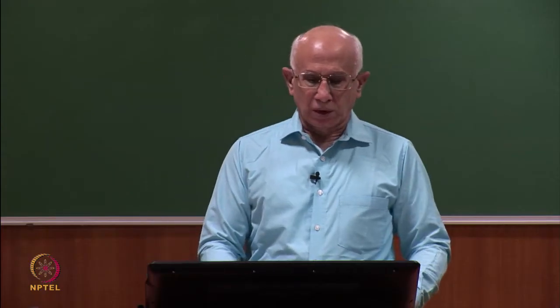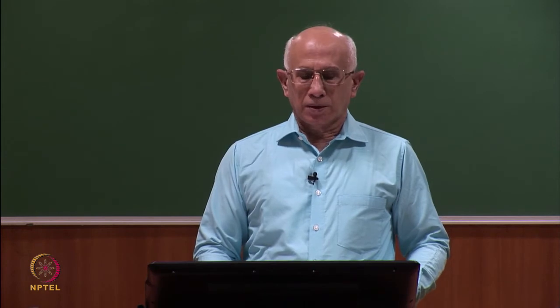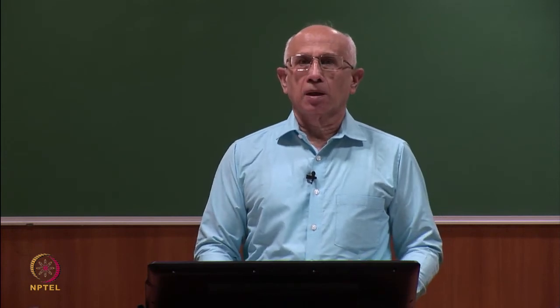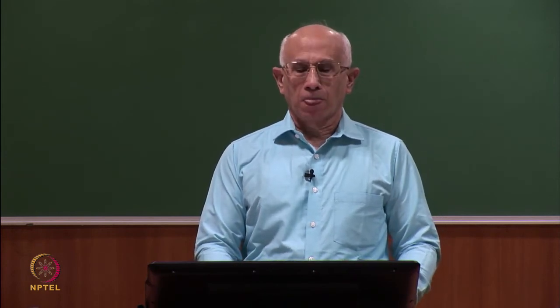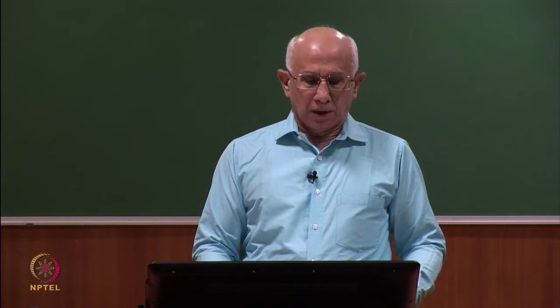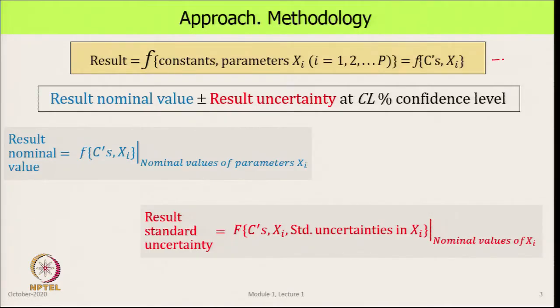In an earlier lecture, we had defined the result in a context of uncertainty analysis as a function of constants and parameters. Parameters are denoted by x subscript i, and there could be 1, 2, 3, 4, p number of parameters.